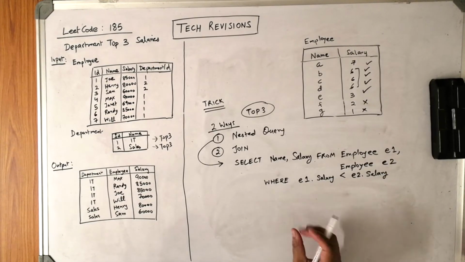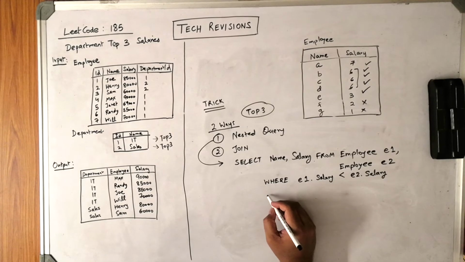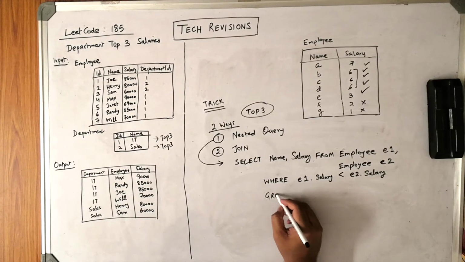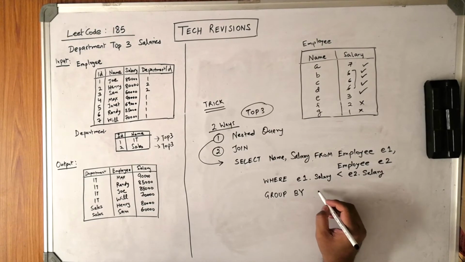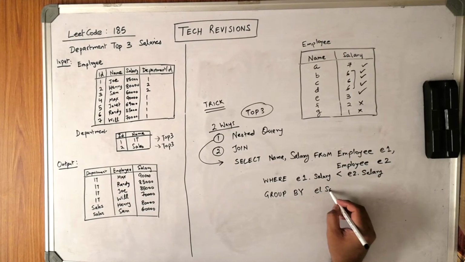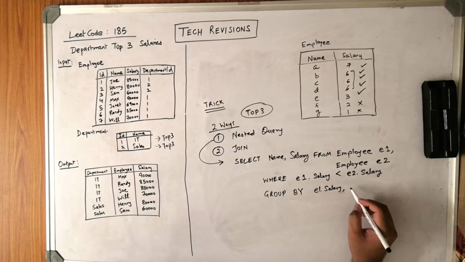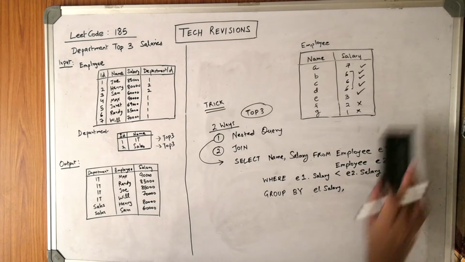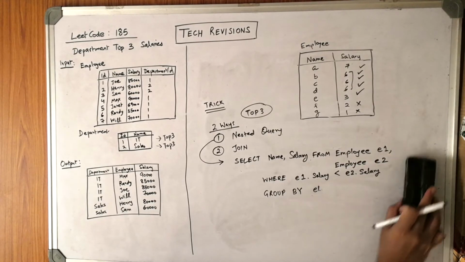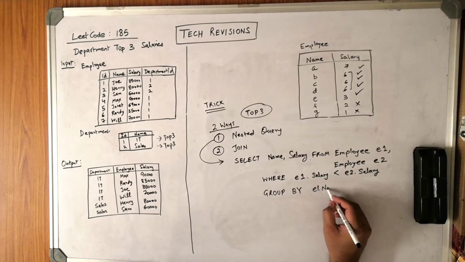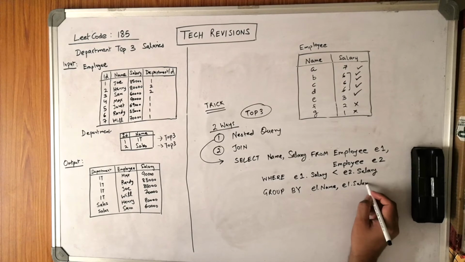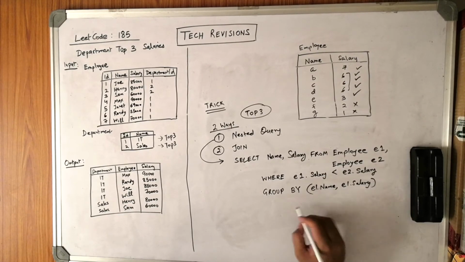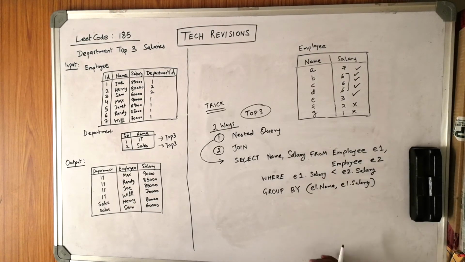Now what I will do is put a group by. Sorry, not salary. I'm going to group it by E1.name, E1.salary. This will be the group by clause because there will be multiple such occasions.